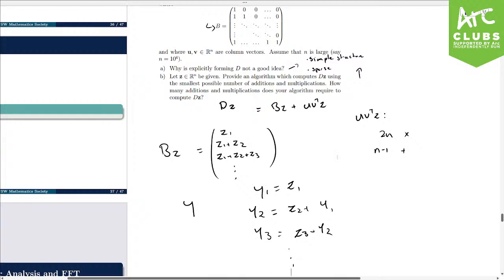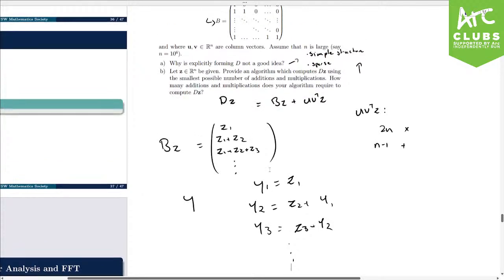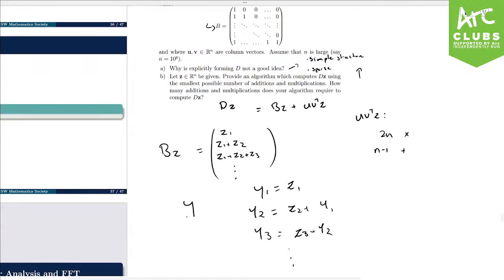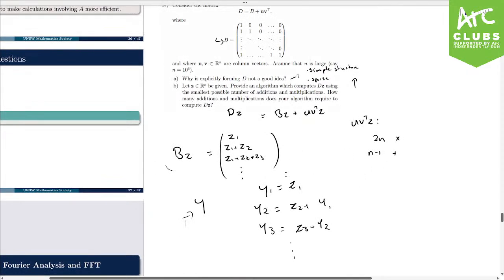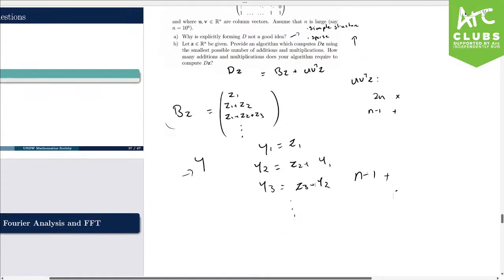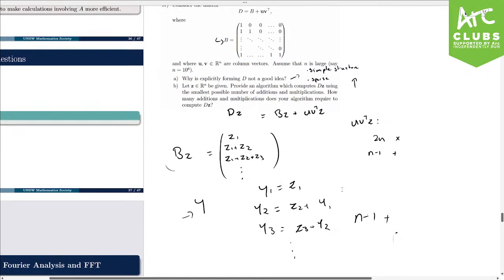So you can recursively calculate Bz here. And this only costs n minus 1 additions, because for the first term, there are no flops involved as well. So calculating Bz only requires n minus 1 additions.